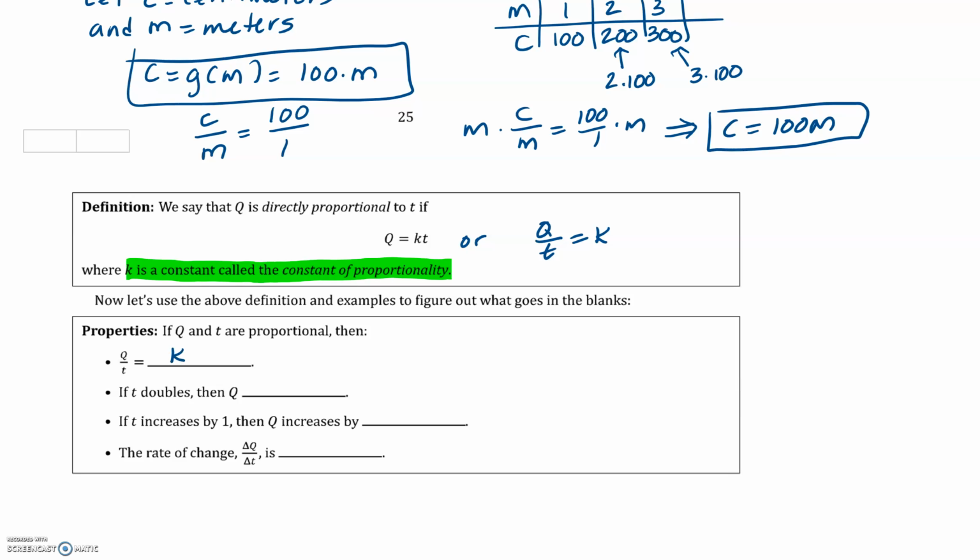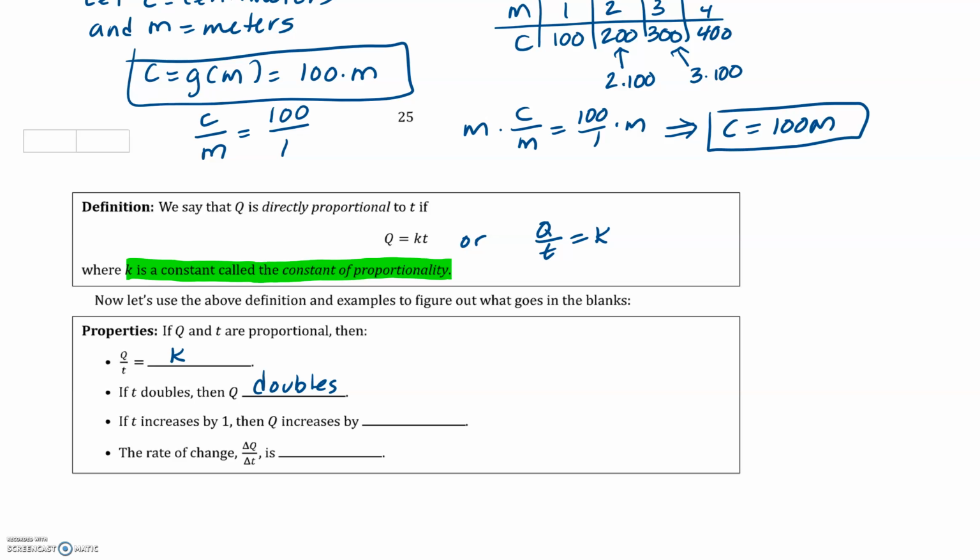If T doubles, then Q doubles. We saw that. You can see it here. If we did 4, it'd be 400. Right, 1 to 2 is doubling, so it doubles. 2 to 4 is doubling, 200 to 400.